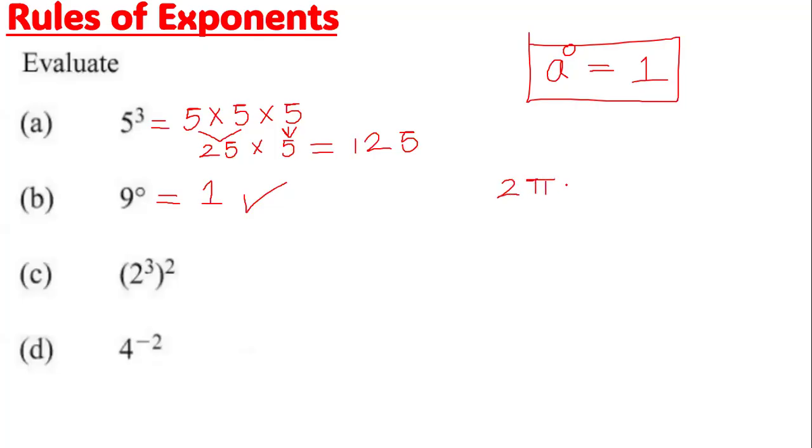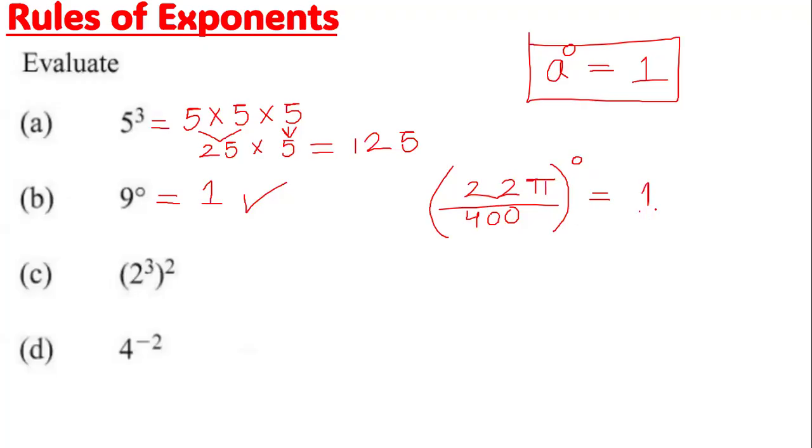Which means if I have 22 pi over 400 and I put that to the power of 0, what is the answer going to be? 1. Very good.